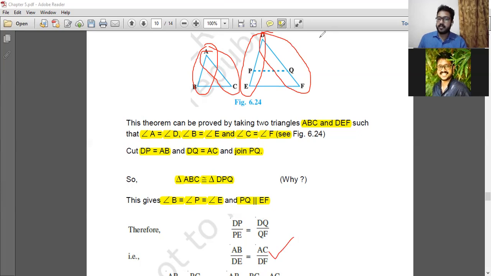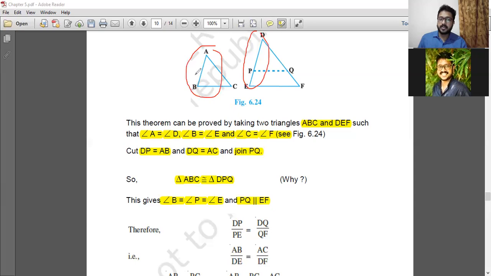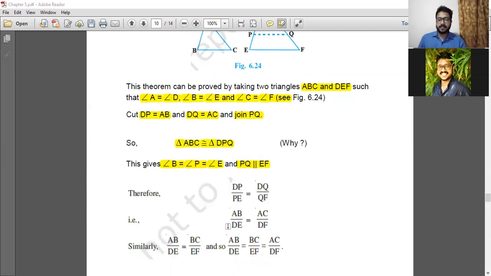Clear? Now what about the remaining side? Of course, AB by DE should be equal to BC by, what is the remaining side? EF. Clear? So like this, look here.